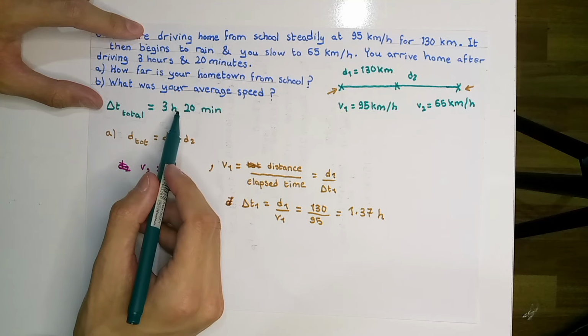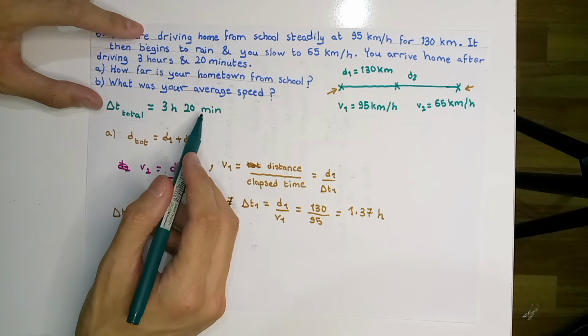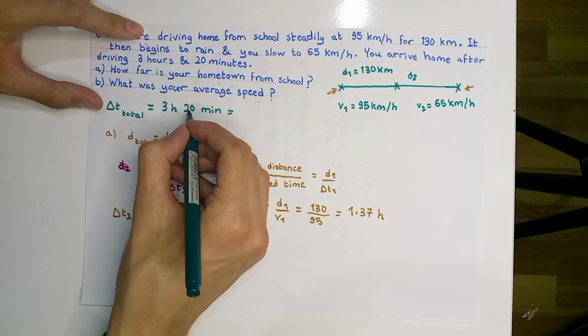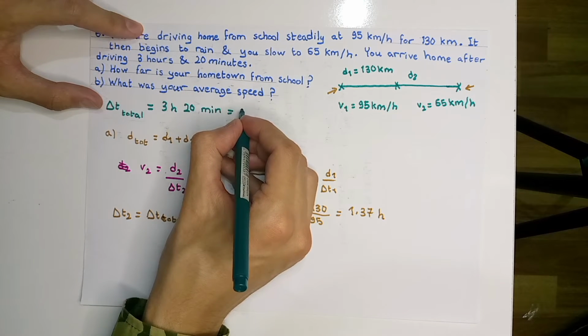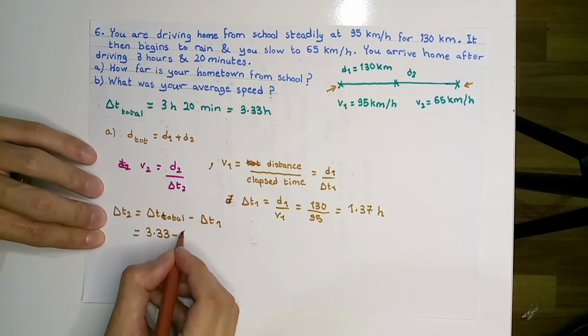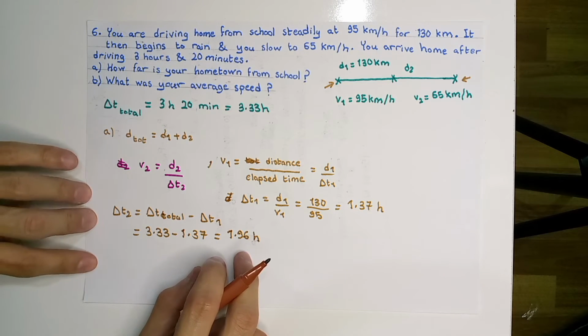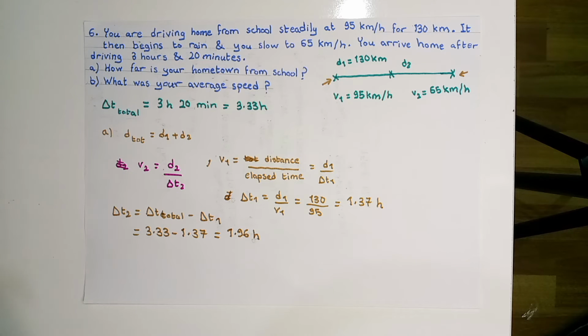We must unify these units and rewrite this using hours or minutes, but I'm going to use hours. 20 minutes is equal to 1/3 hour. So the answer is, and we apply the subtraction right there, and delta T2 is equal to 1.69 hours.